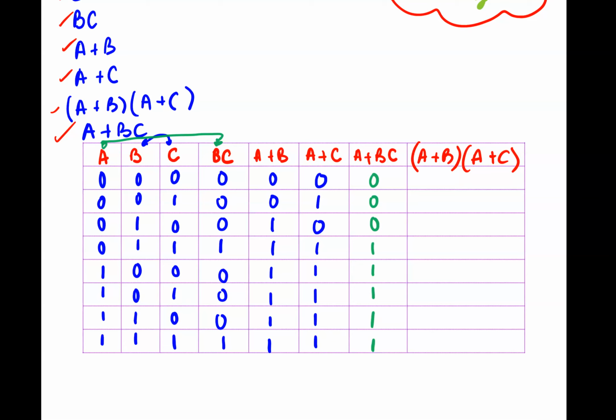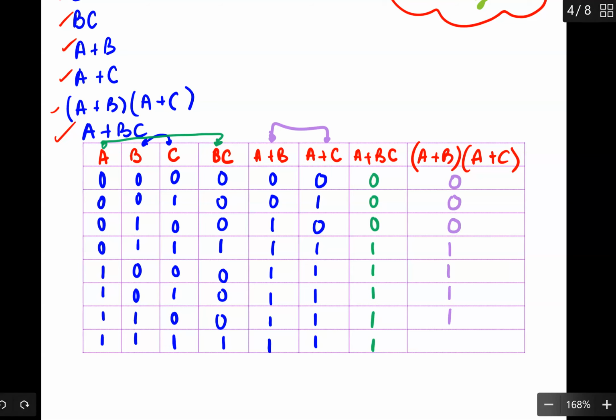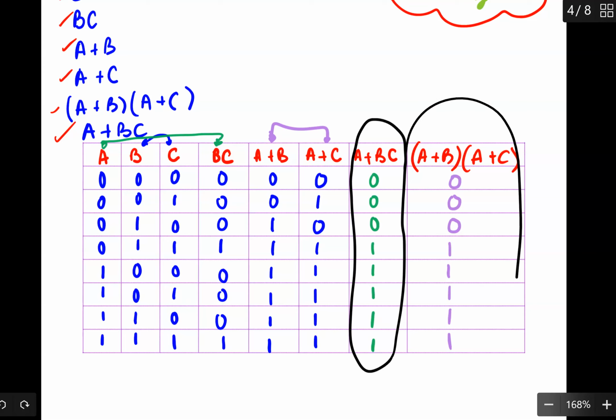Okay, so now I should write these two columns and I multiply them together. As soon as one is a 0, the result is a 0, the only time I have a 1 is when both of them are equal to 1. So now you see that all your combinations of 0 and 1 are exactly the same. So in this case, this is equal to that. So you can see that they are equal and it's proven. Alright.